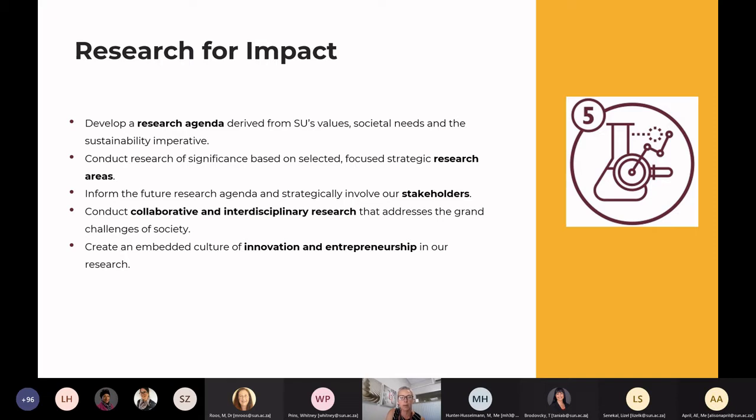We can't do this alone. We will always do it in partnership with other entities. We want to conduct collaborative and interdisciplinary research that addresses the grand challenges of society, and my next few slides will also focus on that a little bit. And then, of course, we want to create an embedded culture of innovation and entrepreneurship in our research. So again, doing basic and fundamental and applied research, but all along focusing on the change and improvement that research will eventually bring in society.